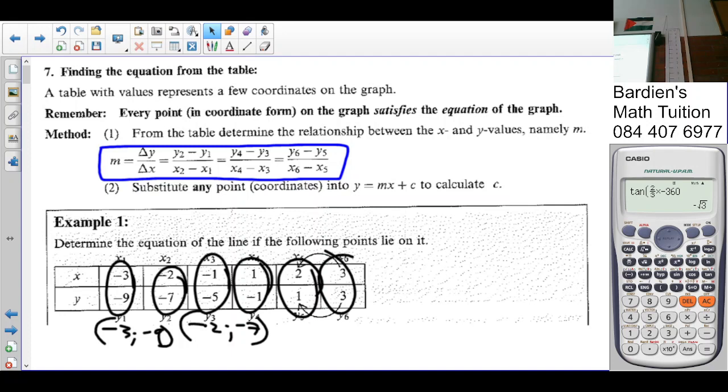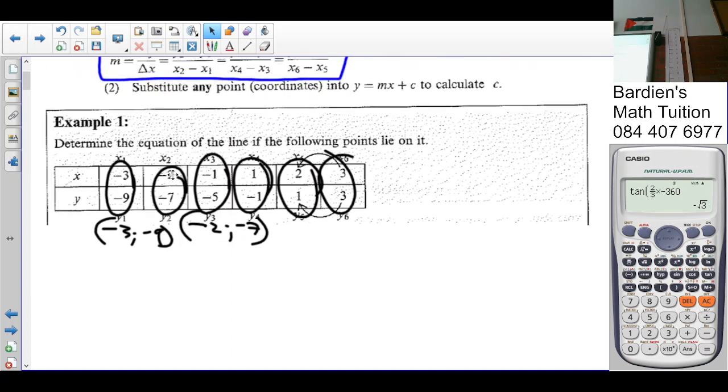Alright. So we are told to substitute any point's coordinates into the form y equals mx plus c to calculate c. Here we go.